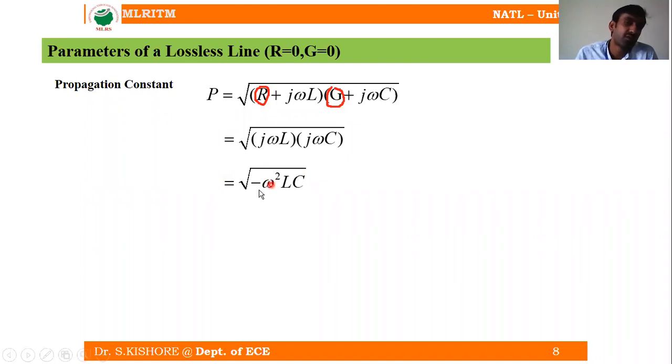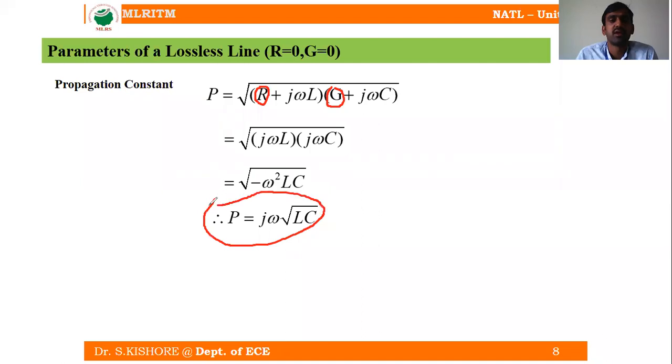If we bring this minus outside of the root, then gamma is equal to j omega root over LC. This is the propagation constant for a lossless transmission line.